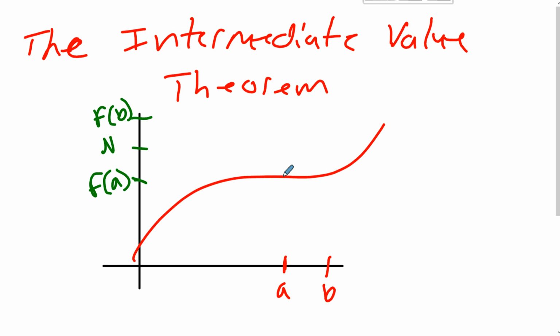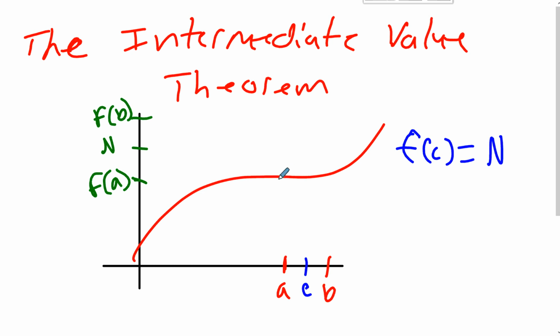Then that means there exists some value c between a and b such that f of c equals n.